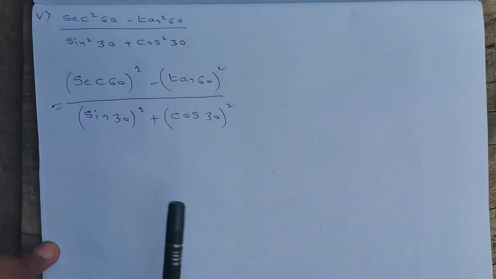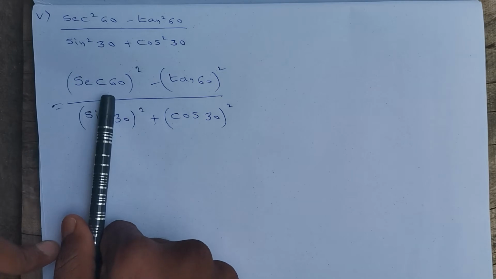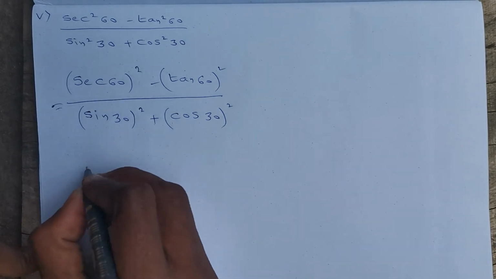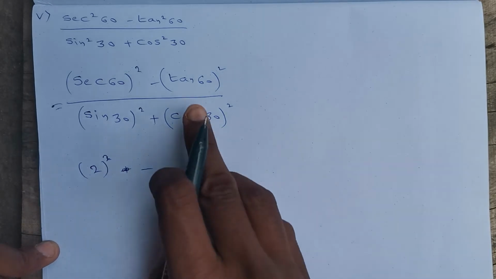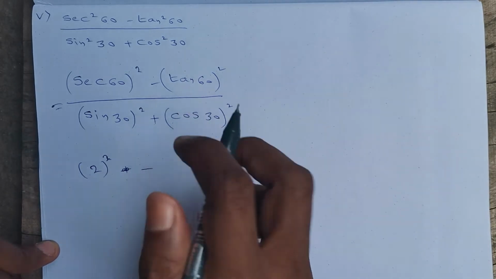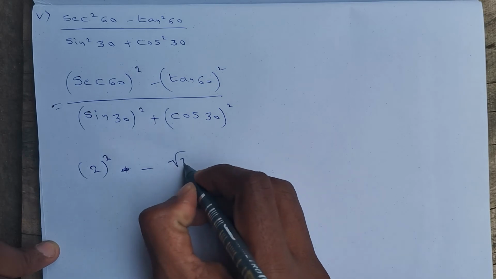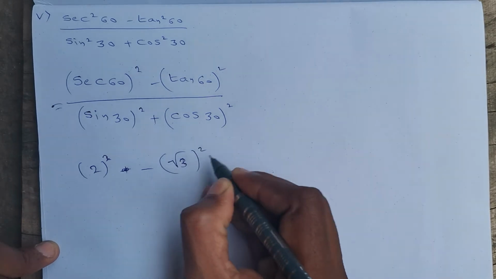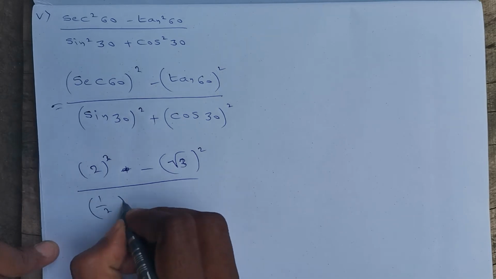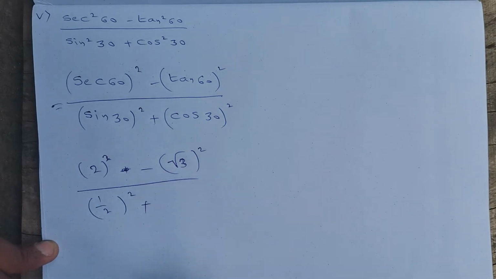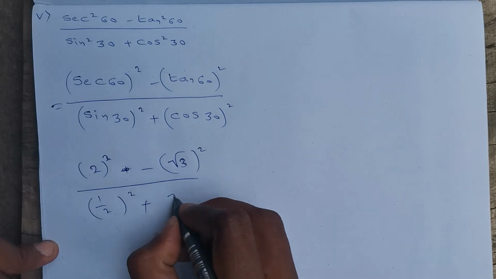Now let us substitute the values. First one, secant 60 is 2. So 2 square, minus tan 60, root 3, whole square, whole divided by sin 30, 1 by 2 whole square, plus cos 30, root 3 by 2 whole square.